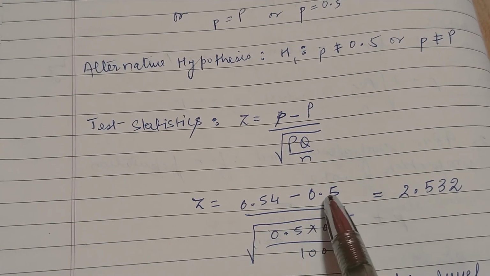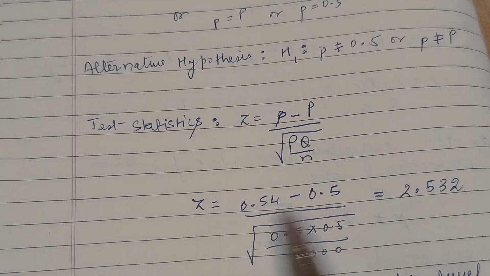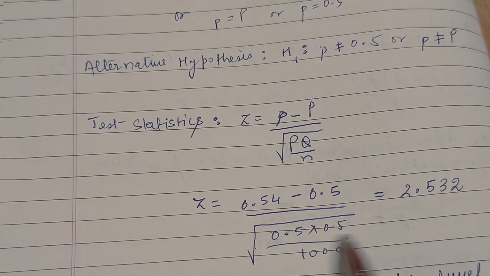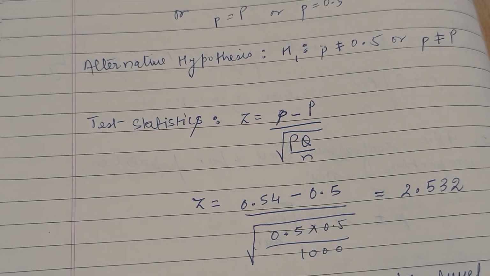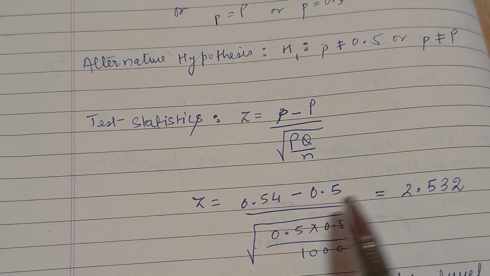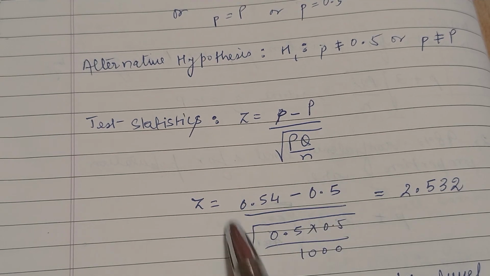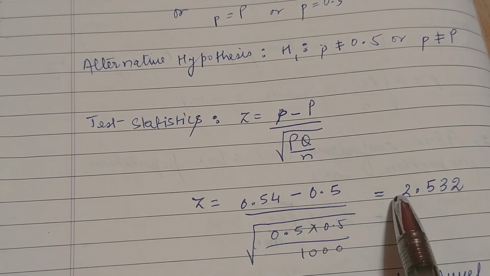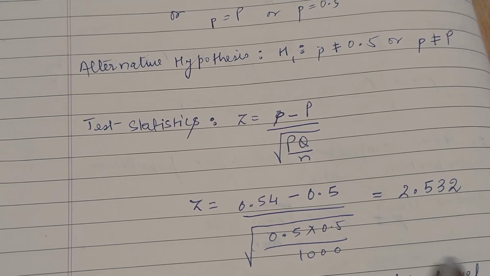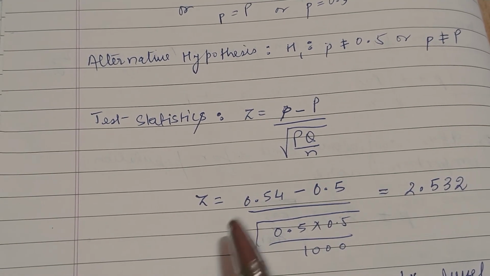So 0.54 minus 0.5, divided by the square root of 0.5 capital P into 0.5 capital Q, divided by the number of samples, that is 1,000. That yields 2.532. If you get the value of Z in negative, then you just take the mod. Always take it positive: 2.532. This is the value of Z.